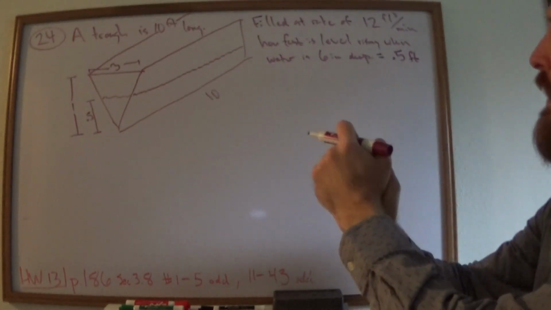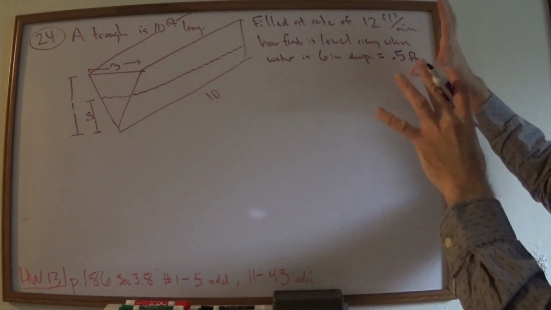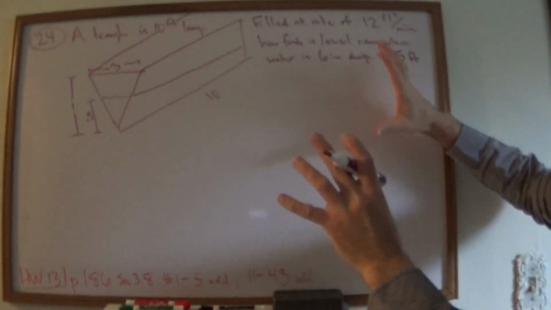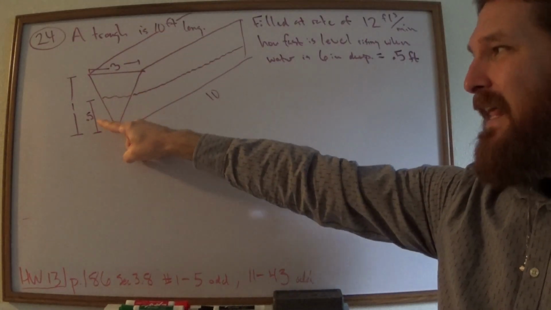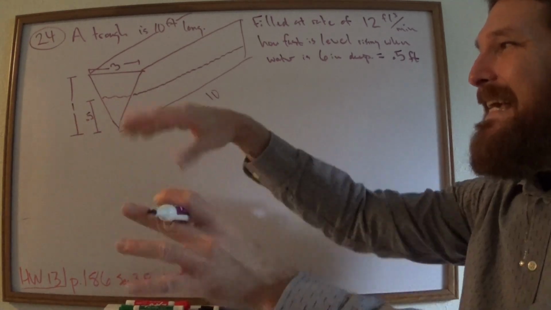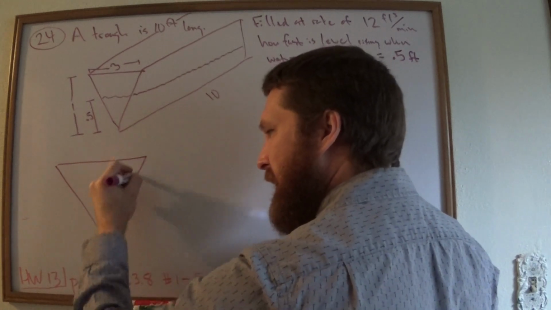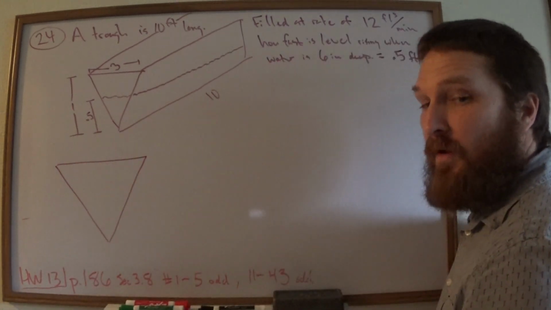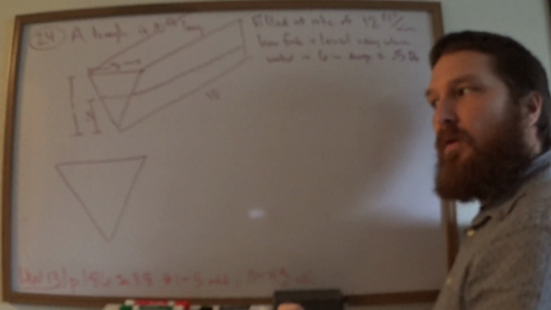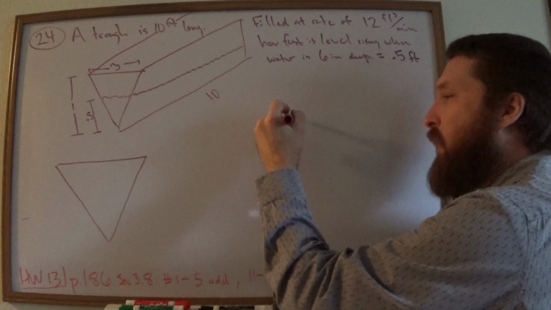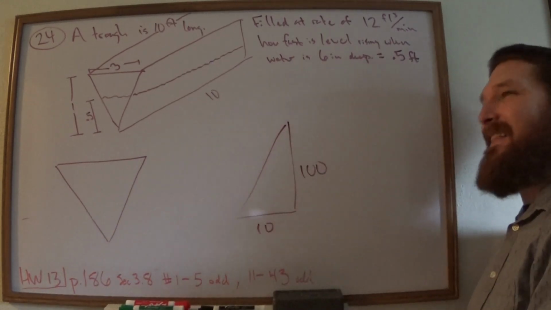Now, it tells me it's filled at a rate of, which gives me a volume per time. So I want to calculate the volume of this thing, but not just here, but at any given time. This is what we need to think about. And this is in general what you want to do. If you've noticed, we've done this every time, because every time we said, oh, it's when this is 10 and when this is 100, and then there's no variable.